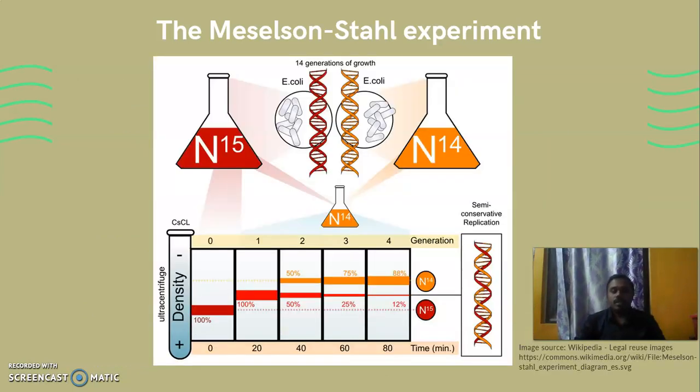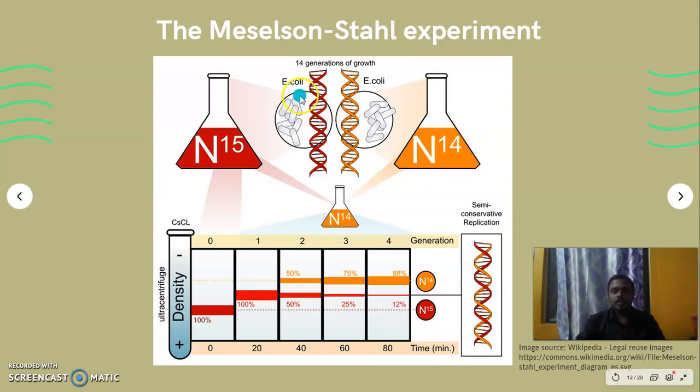So this is the diagrammatic representation of the Meselson and Stahl experiment. Observing this diagram, this is the N15 medium, which contains the heavy isotope, and this is the N14 medium, which contains the light isotope of nitrogen.